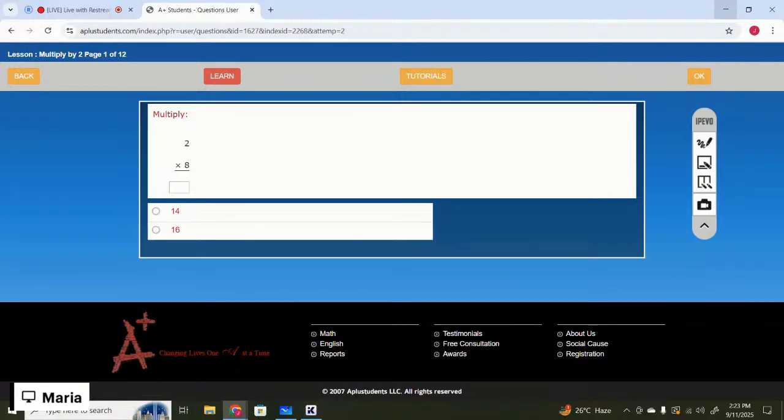Two times 8. 2 times 8 is 16. Option number 2 is the correct option. 10 times 2 is 20.